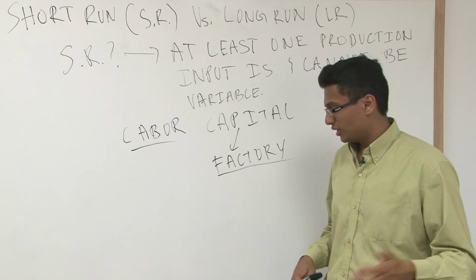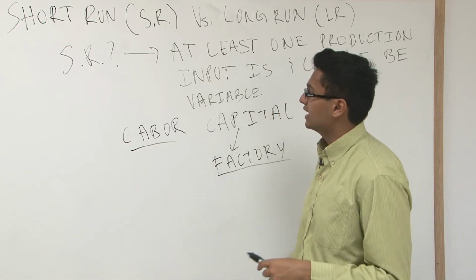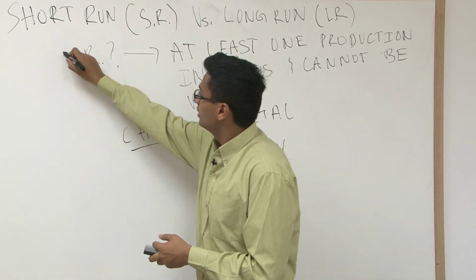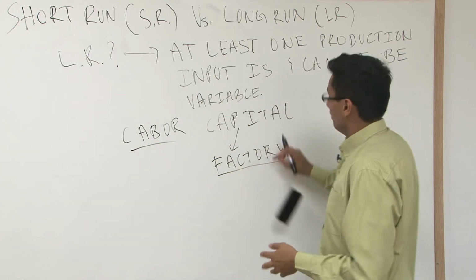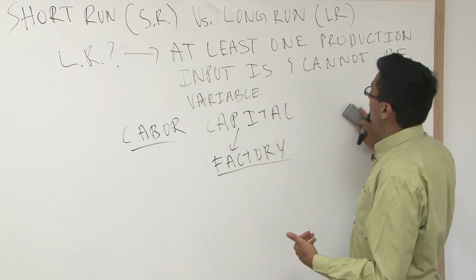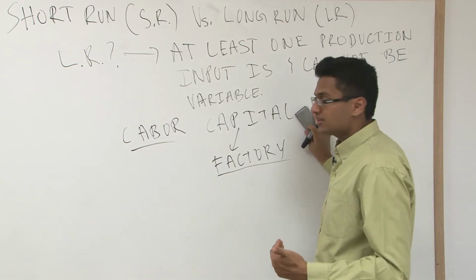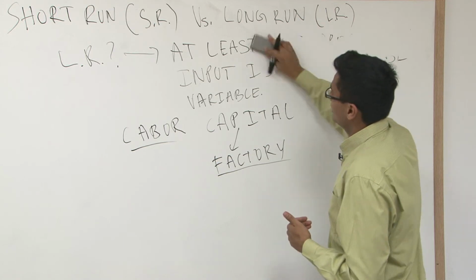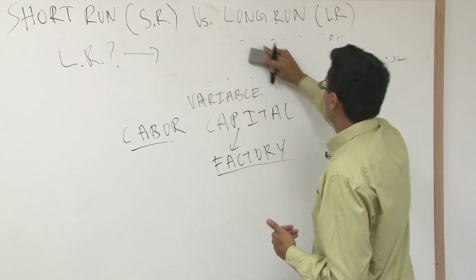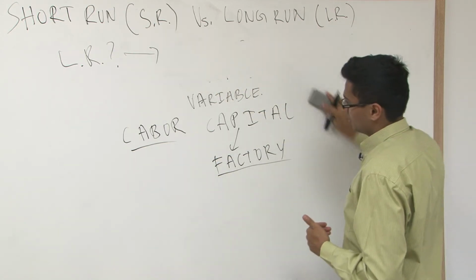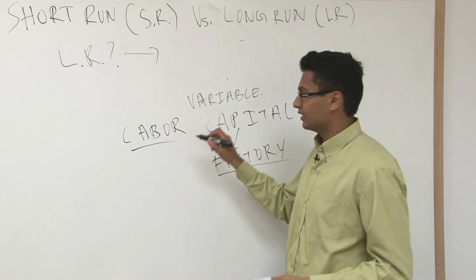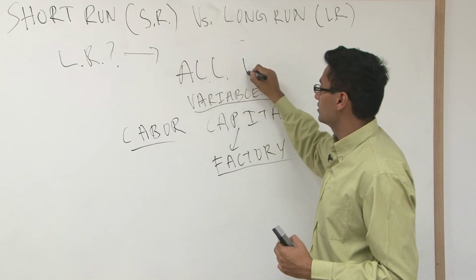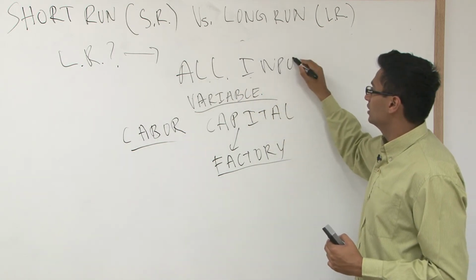In the long run, I'm sure you guys can guess. I'm just going to take this SR out, make it LR. In the long run, the biggest difference is that everything's variable. And to give you the cinematic effect, I'm going to erase all the words and just put variable on it, because all inputs are going to be variable in the long run.